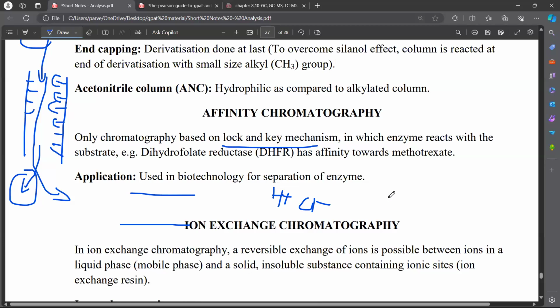Here we coat the stationary phase with a resin. So resin, for example, if it is cationic in nature, cationic resin means the resins are attached to the positive cations.